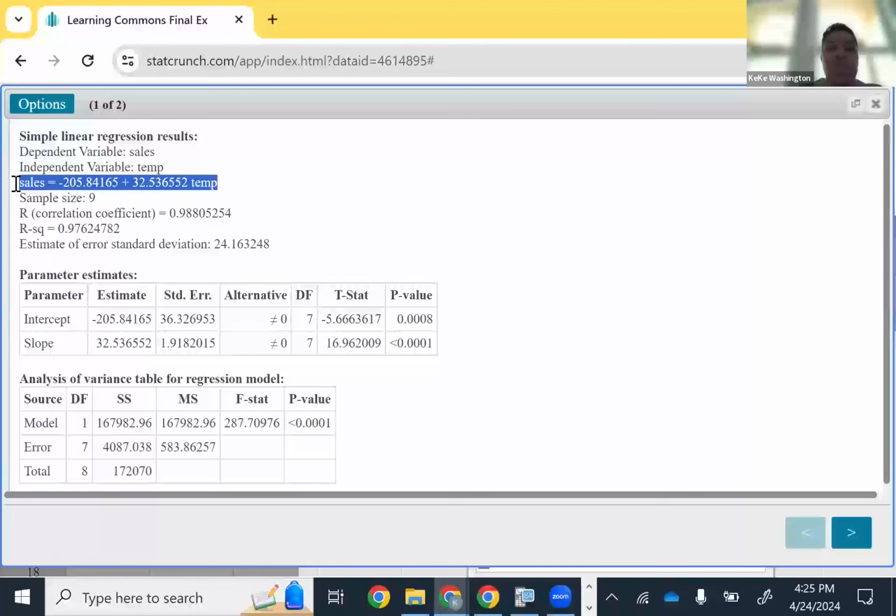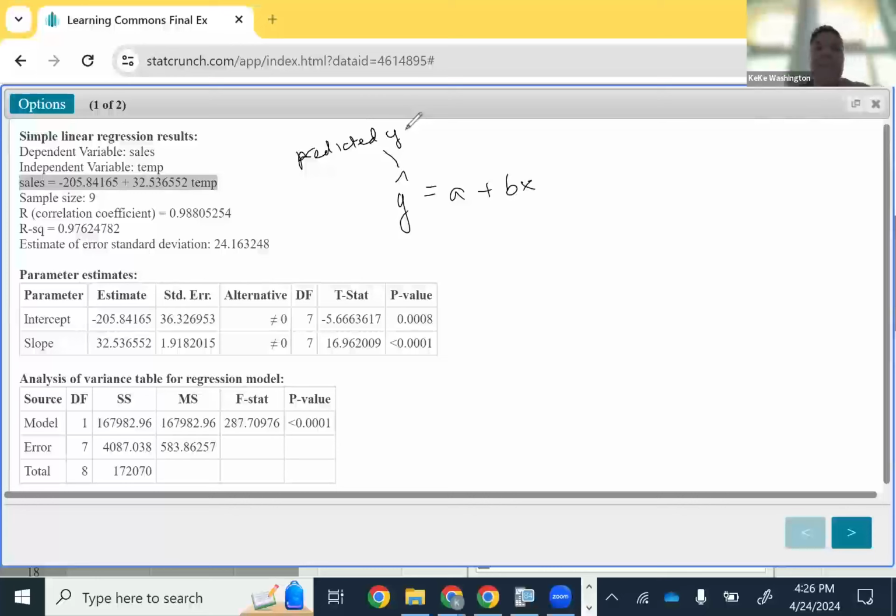From that equation, we have a couple of variables of interest. That is the standard form of the equation. We have y hat, our predicted value of y. We use the regression equation to predict values of y. We have A, our y-intercept.